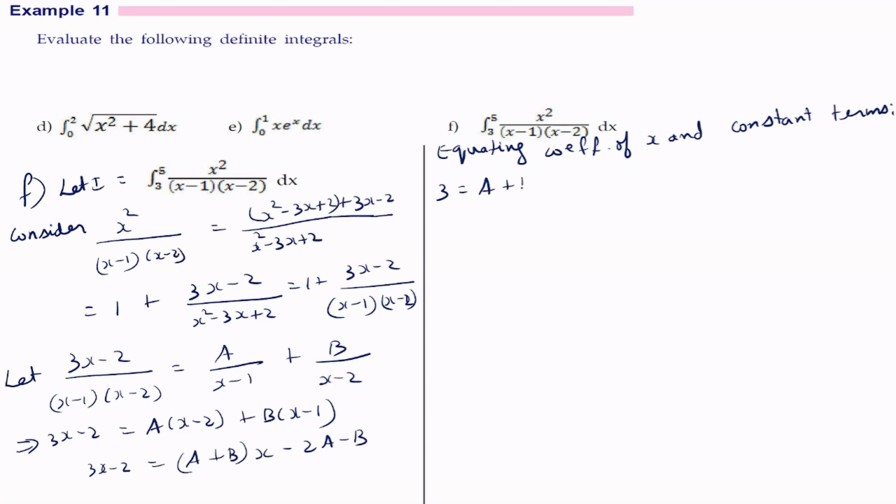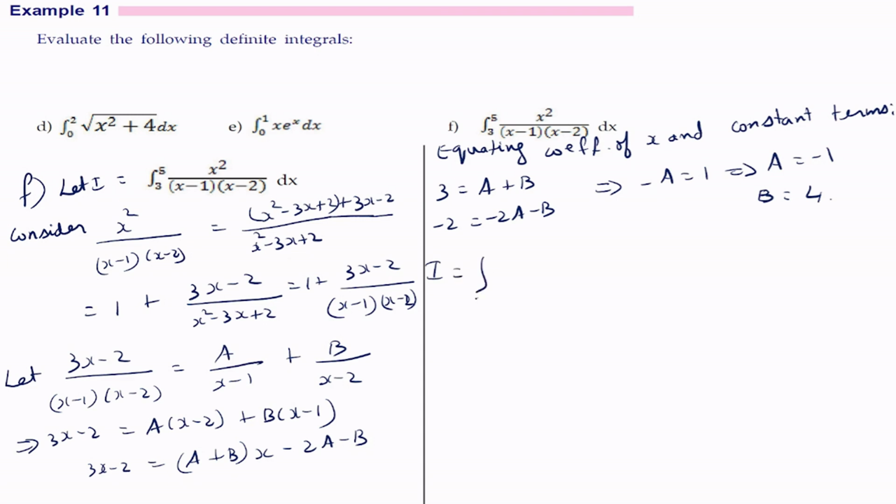So we get 3 equal to A plus B and minus 2 equal to minus 2A minus B. Here if we add these two, we get B minus B 0, so A minus 2A as minus A and 3 minus 2 as 1. Implies minus A equal to 1, or A equal to minus 1, and 3 equal to minus 1 plus B. So B will be 3 plus 1, 4.